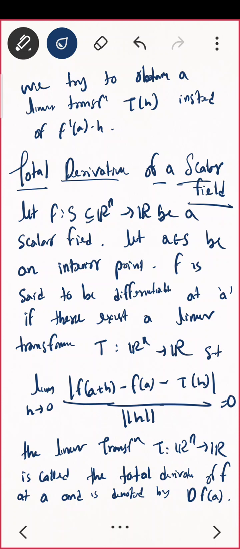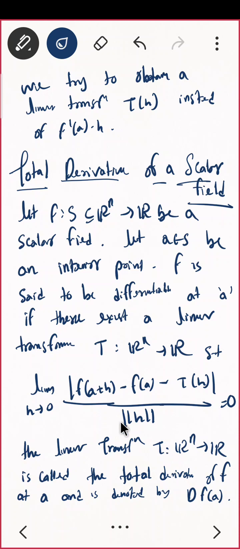So our rule is, we just need to find a linear transformation T such that f(e+h) − f(e) − T(h) over norm h goes to zero. I'll give you a trick on how to find that.